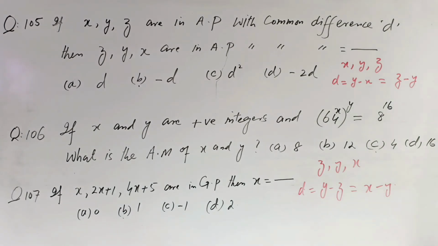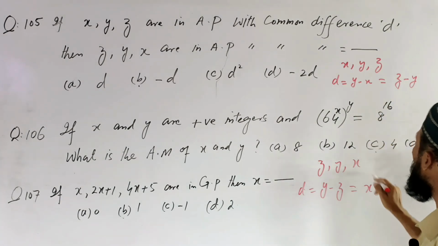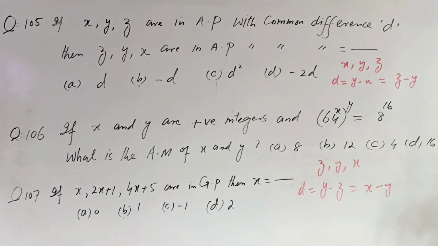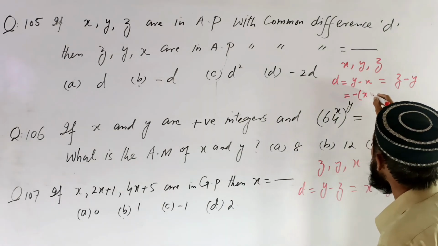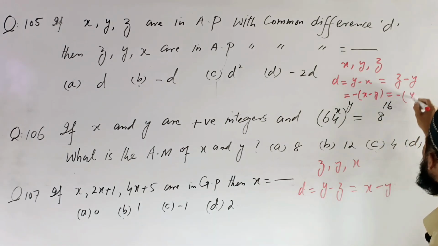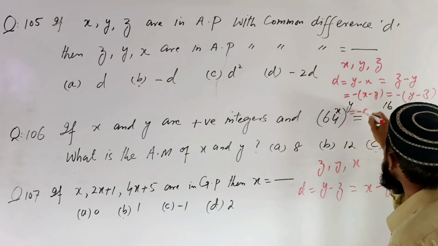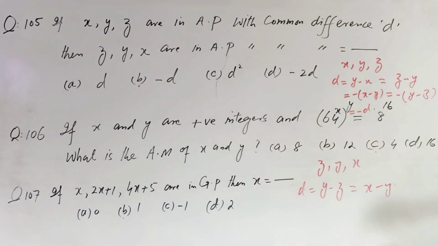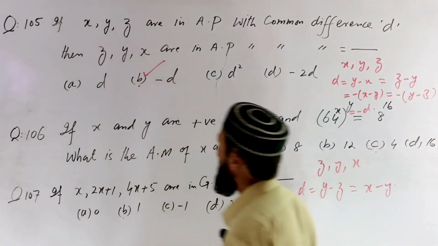Here x minus y is required, so we take a common minus: minus (y minus x), and similarly y minus z will be equal to minus d. So the correct answer is minus d.